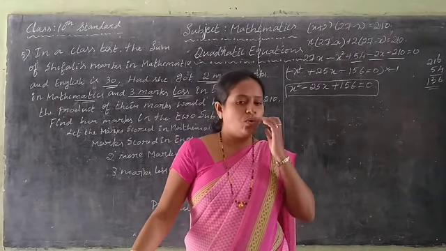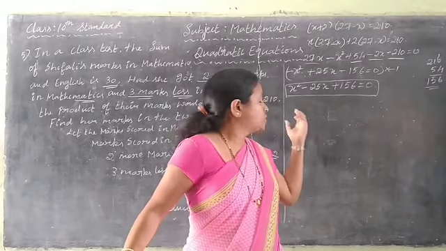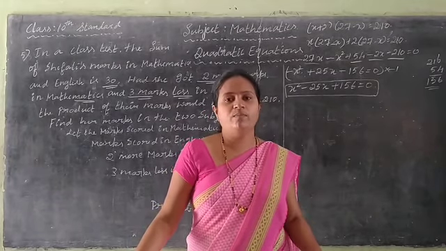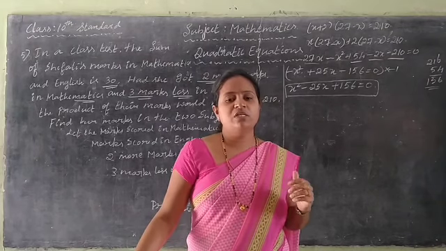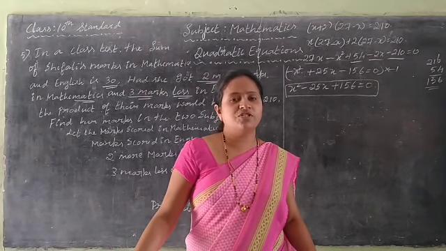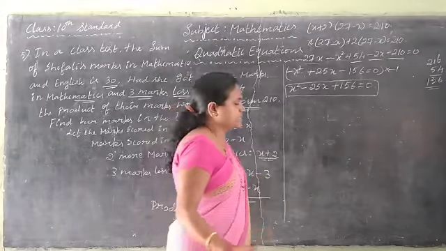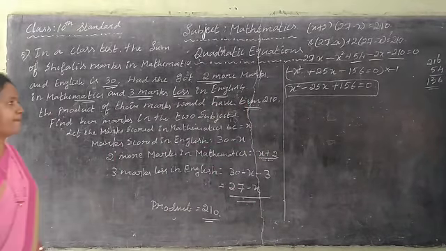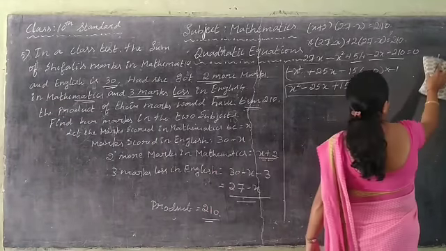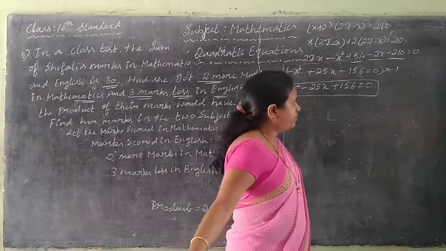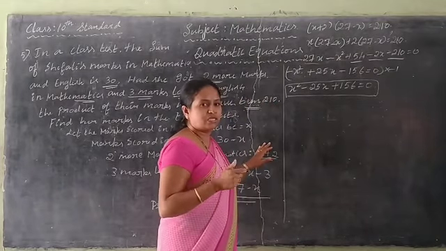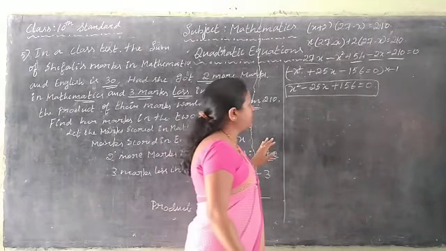Got it. Now what we have to do is solve this equation. We can solve this equation by the factorization method or the formula method. But here we will solve this equation by the factorization method, children. You know the factorization method? Okay. So in the factorization method, first, because here the value of c is 156, it is a little bit big, that is why we will go for the factorization method.